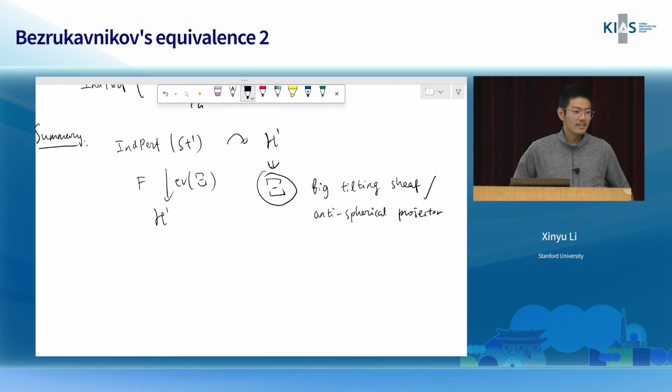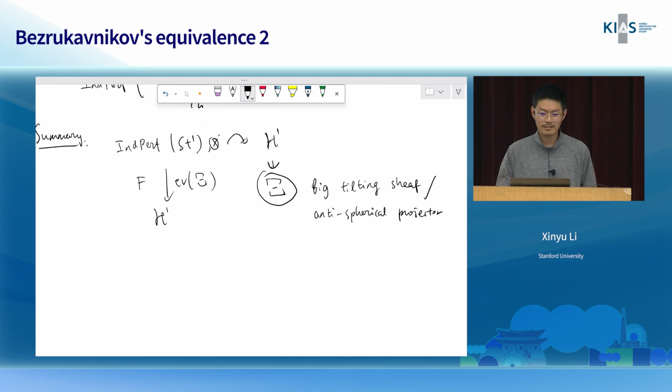Sorry, the monoidal structure on ST prime inverse? It's tensor product. Up to now, I have said nothing about the convolution monoidal structure. It's not very symmetric, right? There's not even a convolution.